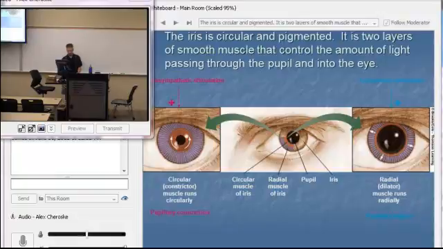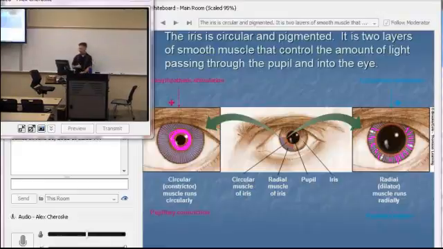In the iris, we've got two different types of muscle, like we were talking about before. We have circular muscle, like you see here, and when that is stimulated, it constricts and shrinks down the pupil. And then we have radial muscles, a separate set of muscles, that when stimulated, pull that hole open.